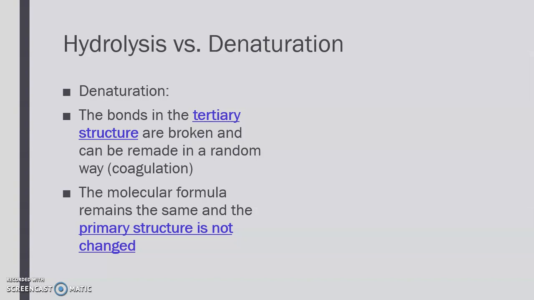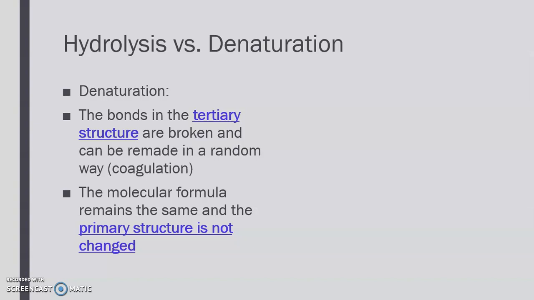So in the process of denaturation, you're basically breaking down either the tertiary structure or sometimes the secondary structure. But your primary structure remains intact. That means that the polypeptide chain remains intact. Okay? So the molecular formula is exactly the same before or after denaturation.